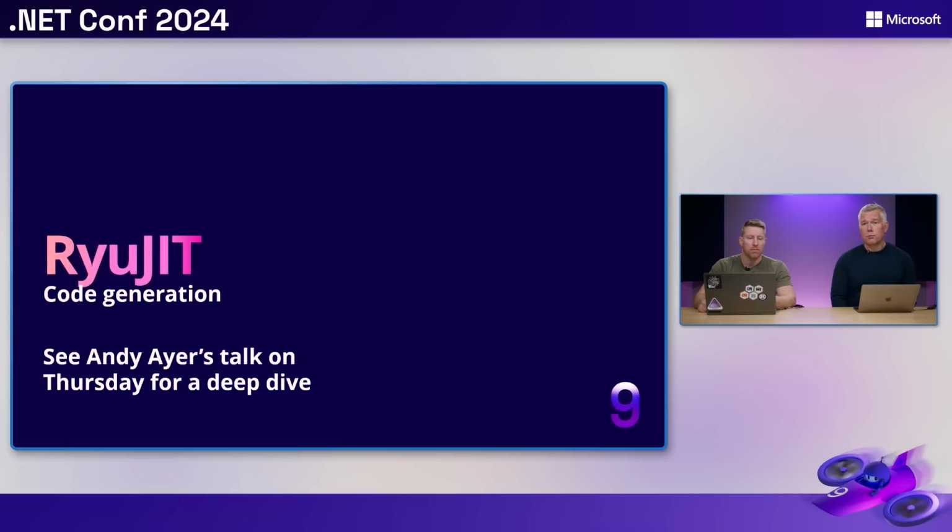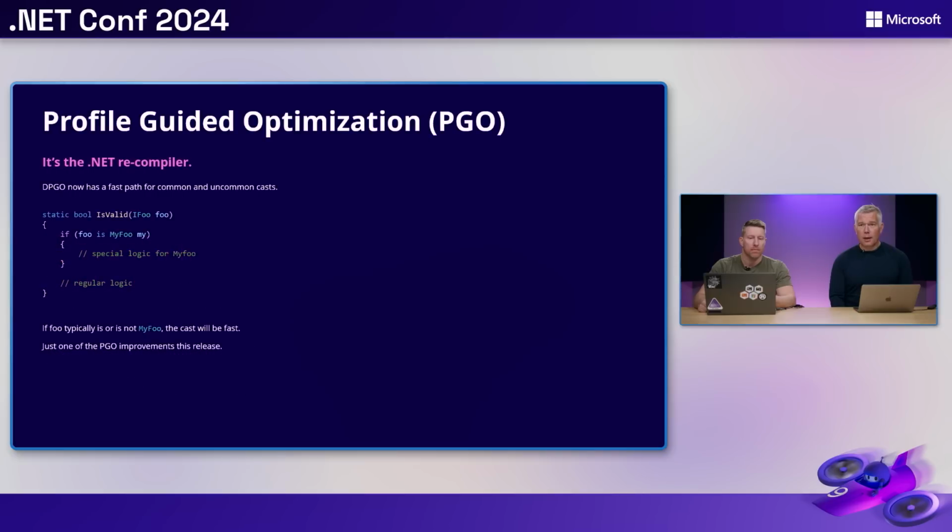Okay, let's switch to RyuJIT. RyuJIT is our JIT compiler, obviously. In .NET 7, we released the profile guided optimization, or dynamic PGO, feature. I like to think of it as the .NET recompiler. In this particular release, we went after casts. Interfaces and casting are very common in C#. In this example, you can see there's an isValid method that takes an IFoo.